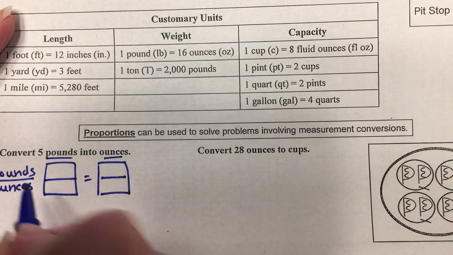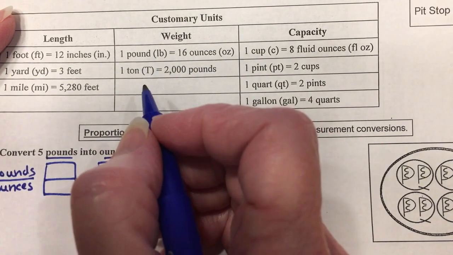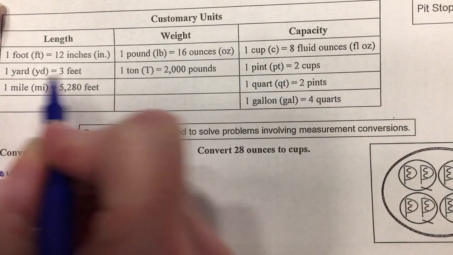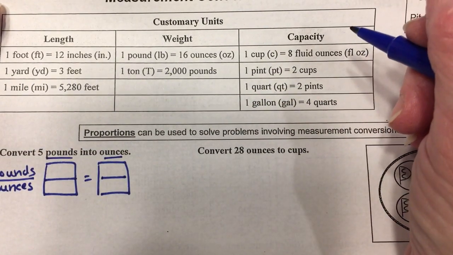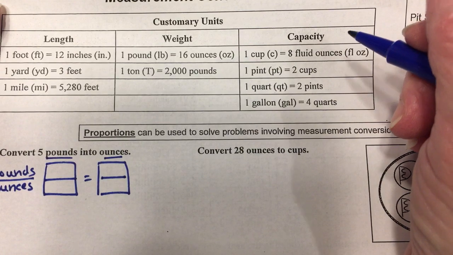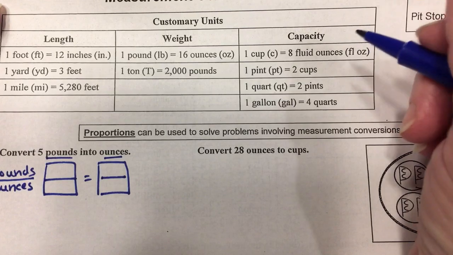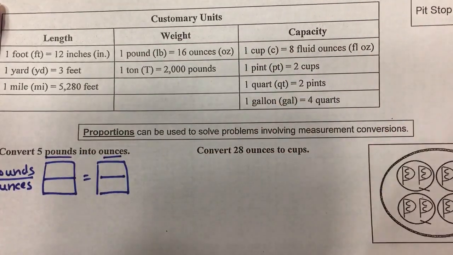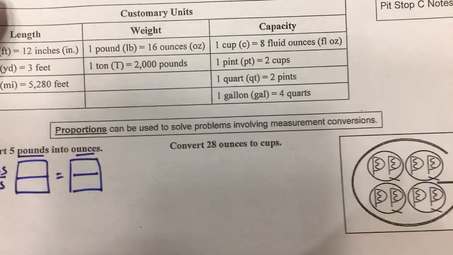You're going to take this first set of boxes and pull that from information you know about pounds and ounces. So right up here we have the measurements that are given to you, like on the STAR chart that comes with your STAR test, and is also available to you when you're testing in class. And so you can find a relationship between pounds and ounces from this, or if you've worked some with, we'll talk about that in a minute.